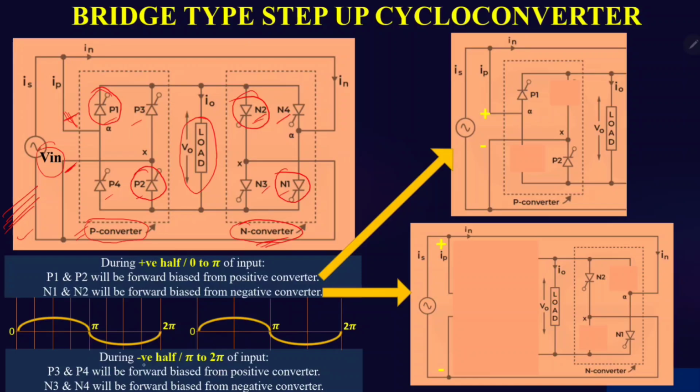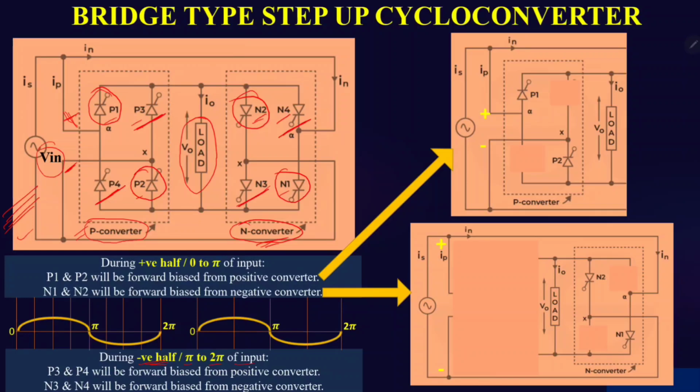And during the negative half, that is pi to 2 pi of input, P3 and P4 will be forward biased from the positive converter, and N3 and N4 will be forward biased from the negative converter.